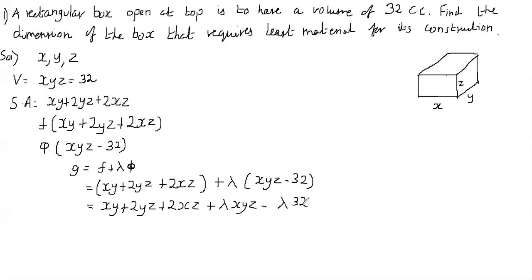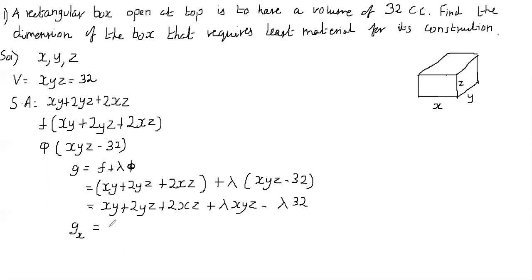And this is what we have to do. We have to partially differentiate this equation with respect to x, with respect to y, and with respect to z. We know that if we are partially differentiating with respect to x, y and z are constant. If with respect to y, x and z are constant. If with respect to z, x and y are constant. First we will partially differentiate with respect to x.